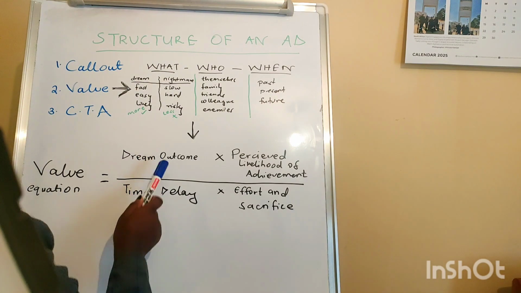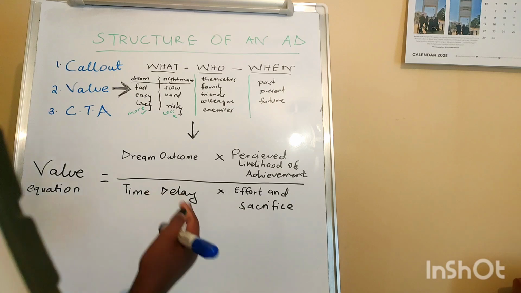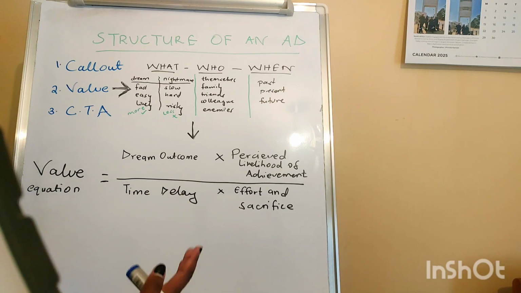Okay, dream outcome. This simply means the benefits that your prospects are going to get once they sign up for your service. You need to sit down and list every benefit, every good thing possible that can come out of them signing up for your salsa classes.